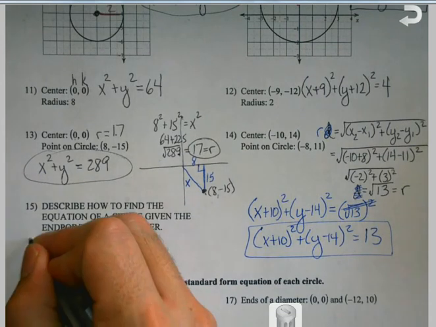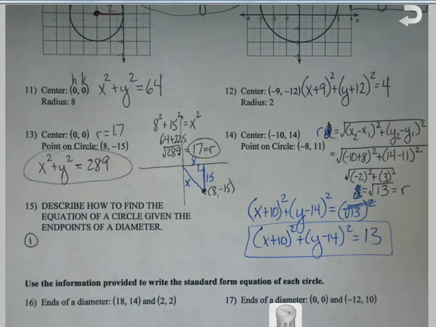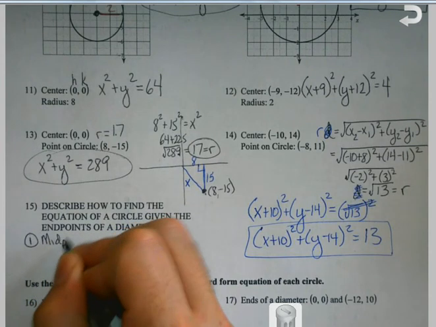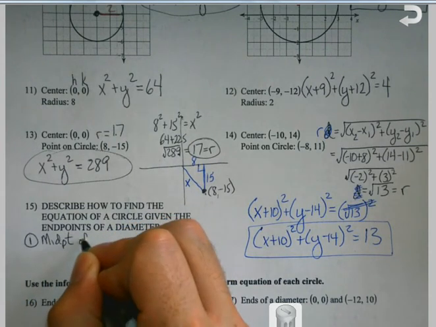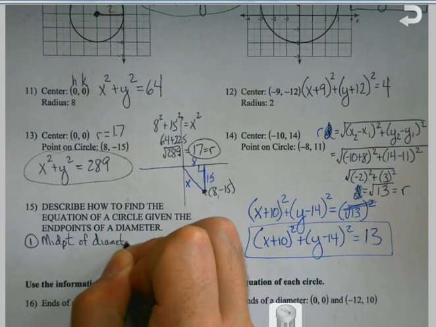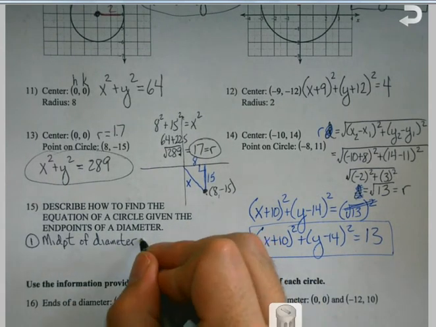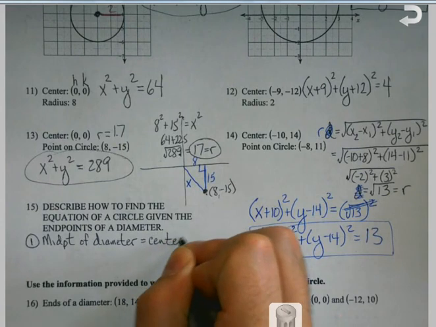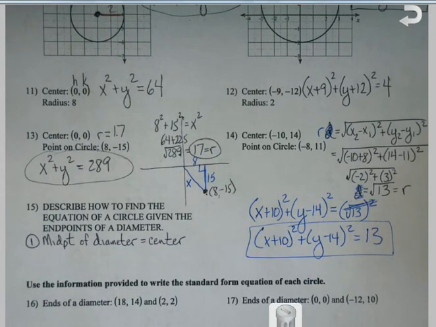Well, this is a little mini two-step process. One, if I find the midpoint of the diameter, that would be my center. Because if you think about a circle, if you know the two edges of the diameter and you find the spot in the middle, that'd be my center.